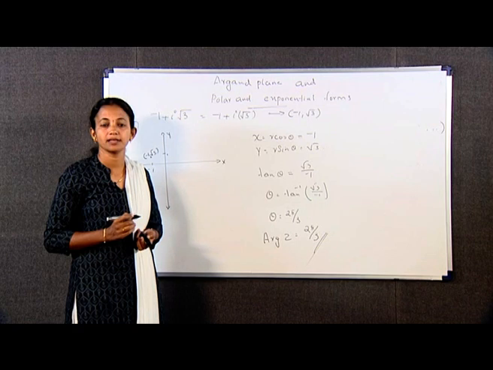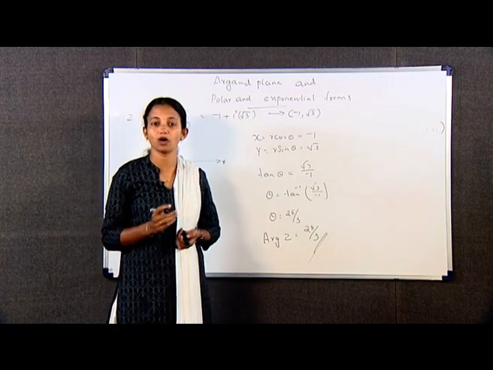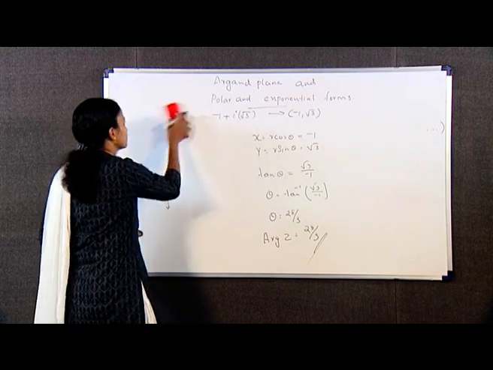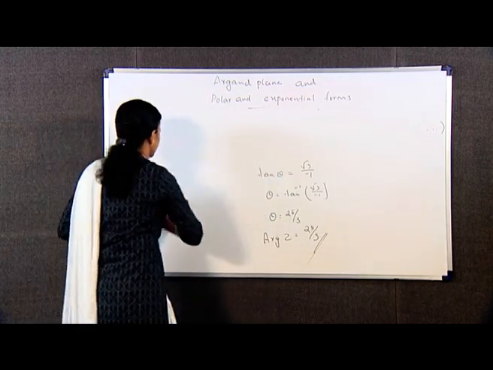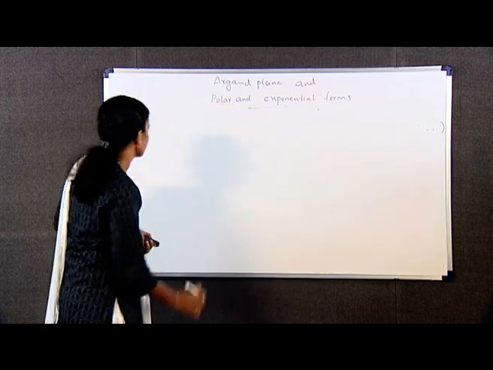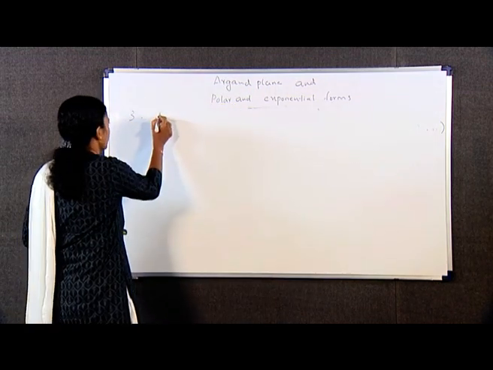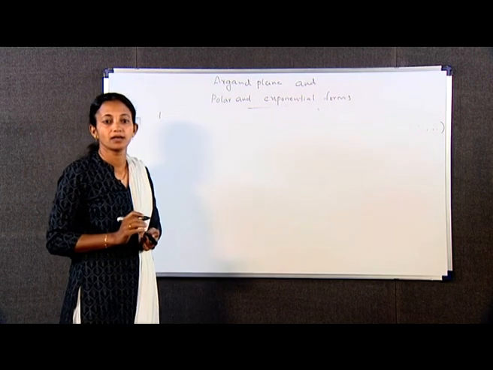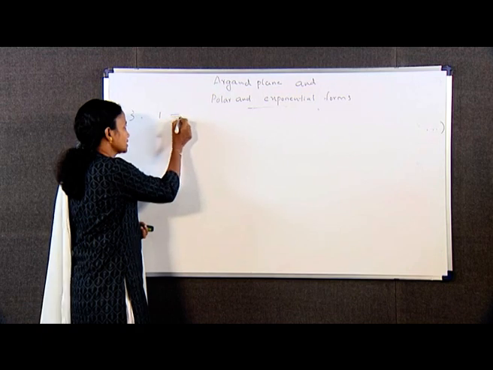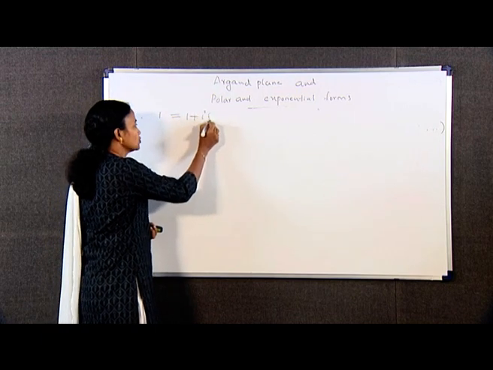Next, we have to find the principal amplitude of the complex number 1. Note that 1 can be written as 1 plus i into 0.